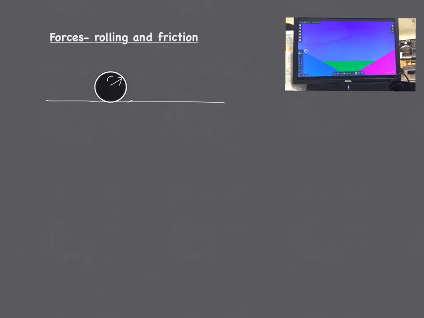All right, so it's moving. It ends up hitting some surface that has friction on it. There is a velocity of the center of mass. As soon as it makes contact with that friction, just like any sliding object, the friction is going to oppose the tendency for it to slide.